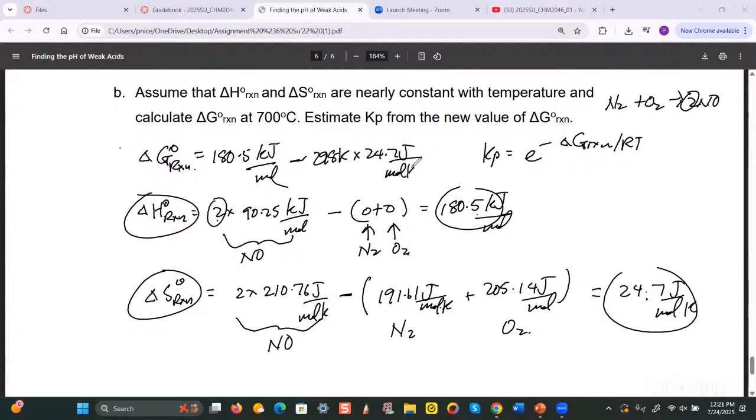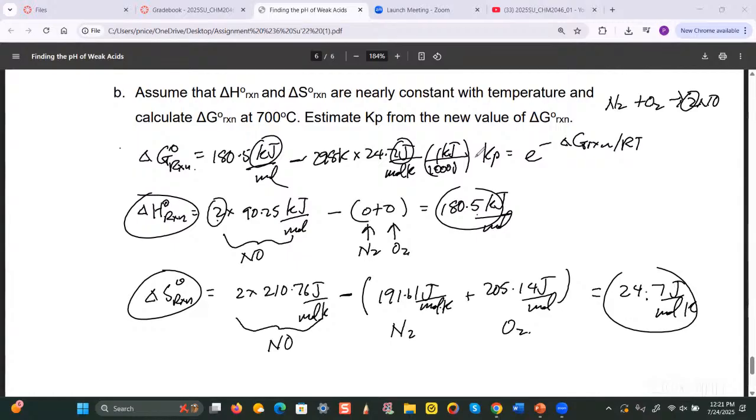And again, we have to do some unit conversion because we have joules here and kilojoules here, so I'm going to end up with 1 kilojoule above and 1,000 joules below.